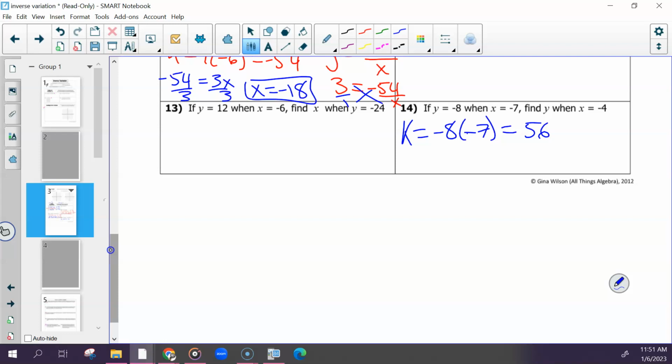Take that value, put it in your equation, y equals 56 over x. Then look and see what you have and what you're missing. Now we need to find y when x is negative 4. Divide that and tell me what your y value is.